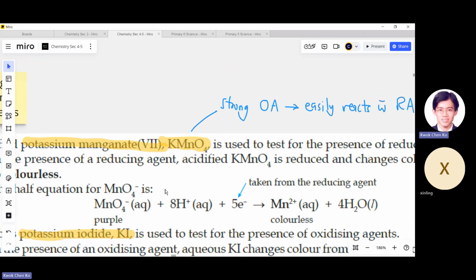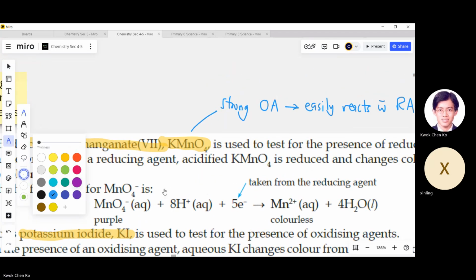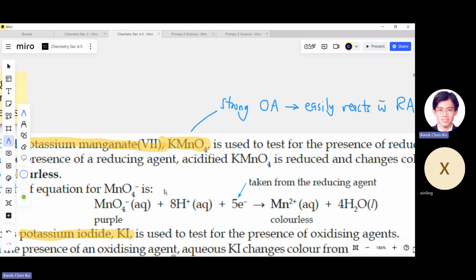Now, the other thing I want you to do, hopefully you can tell, KMnO4 is made up of K plus and MnO4 minus ion. Come guys, look out the OS.